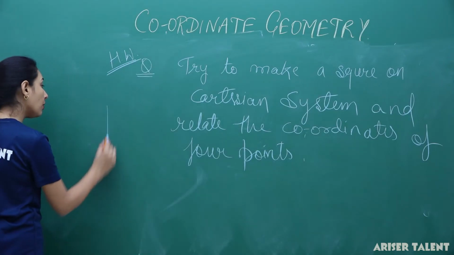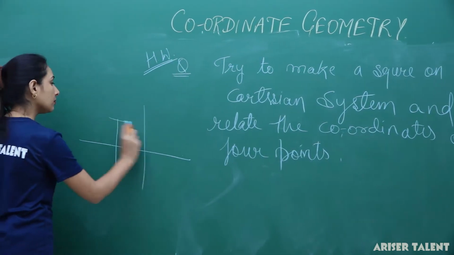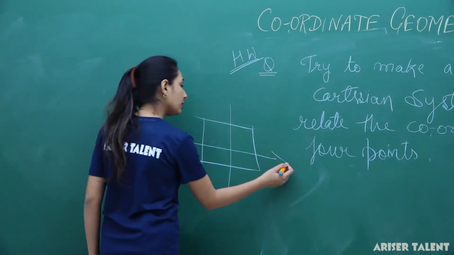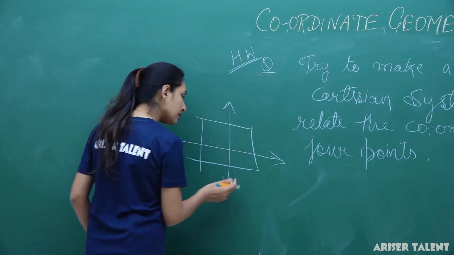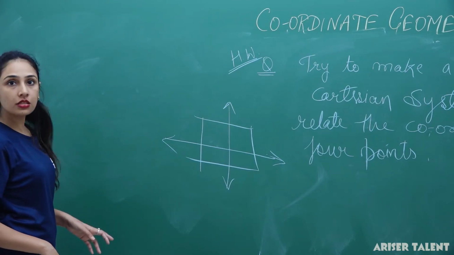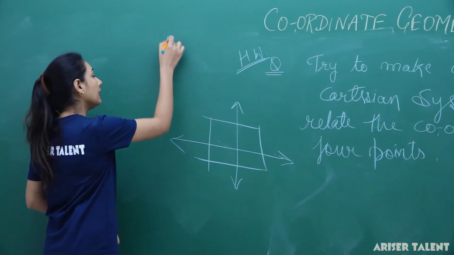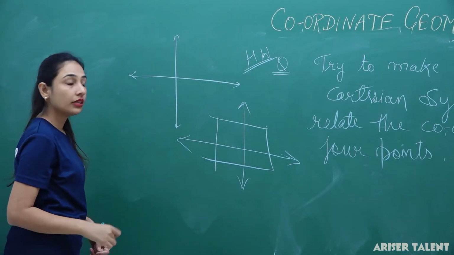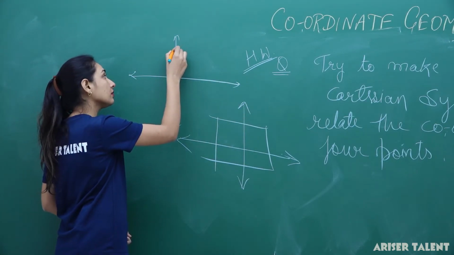That means I'm talking about this. Okay, student, let me tell you one thing. Is this the only way a square can be drawn on a Cartesian system? No, it is not. If this is your x and y axis, a square can also be like this.